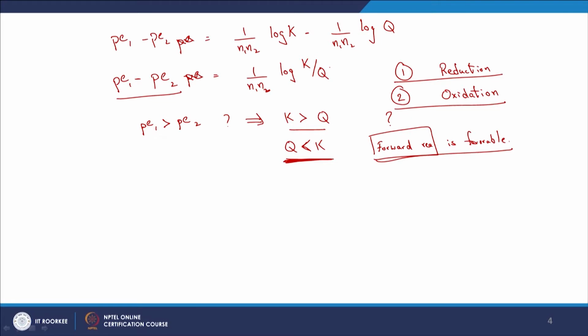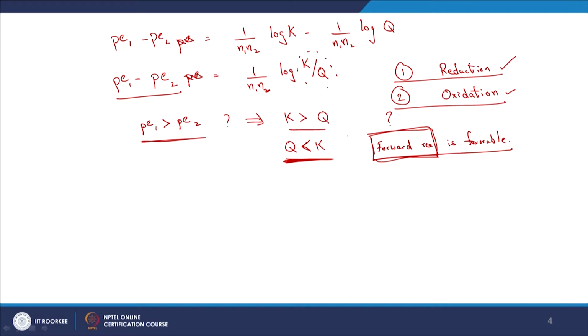When Q is less than K, or when K is greater than Q. Conversely, it means that P1 is greater than P2, and that came from considering reduction as half reaction 1 and oxidation as half reaction 2. Only in that context will we have the forward reaction as feasible.